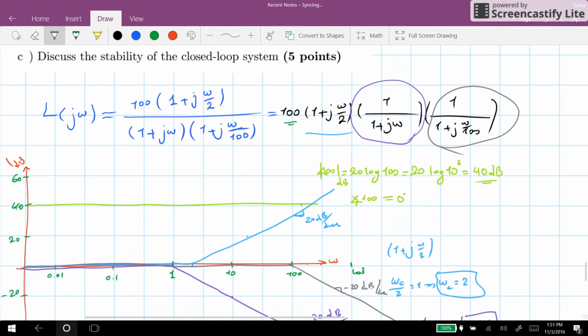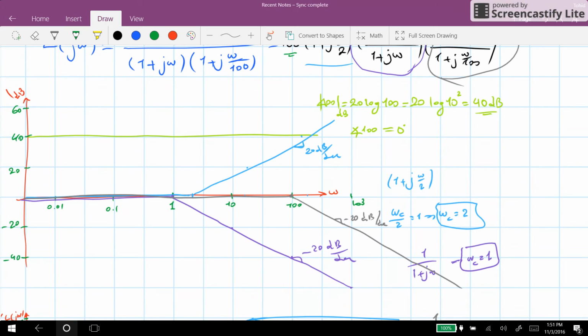Now, to obtain the Bode plot for the whole system, we need just to add all of these with each other, put them together. Therefore, until omega equal to 1, we have only a constant 40 decibel. Afterwards, we see the effect of the pole, so our amplitude will start to decrease.